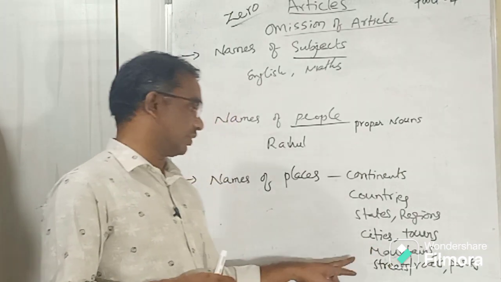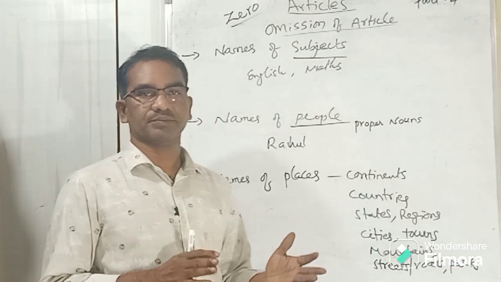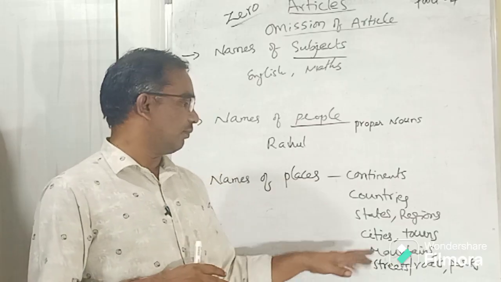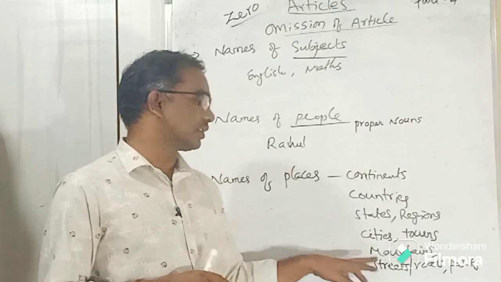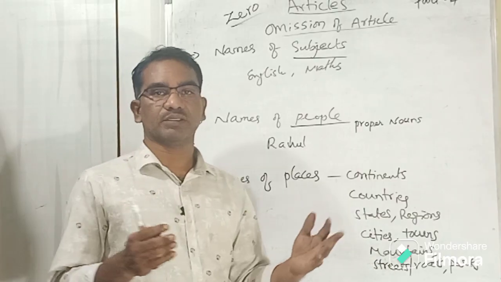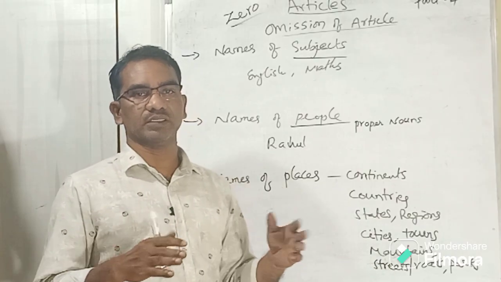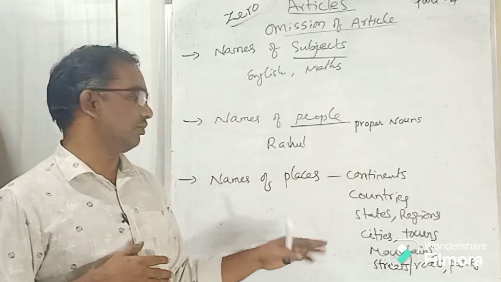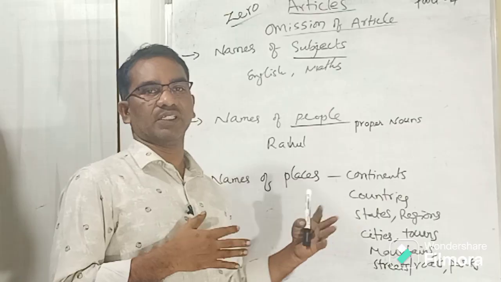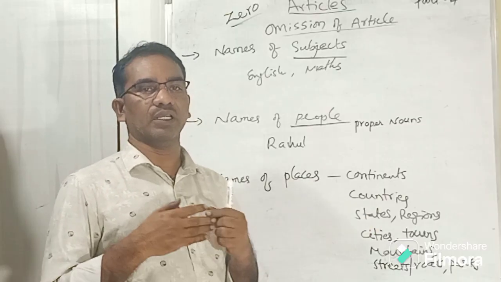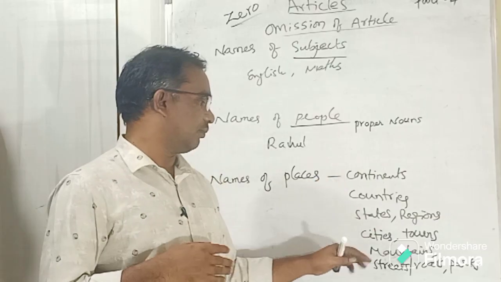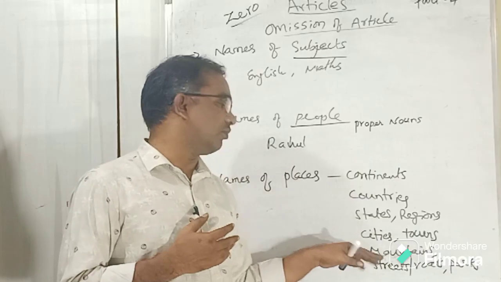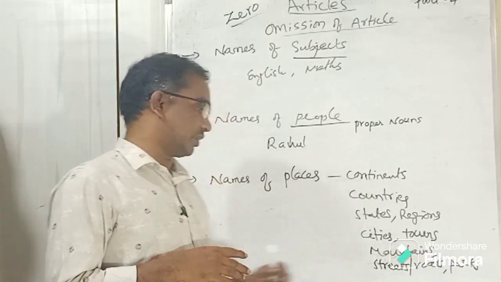Mountains: Mount Everest. But when you talk about mountain ranges, a group of mountains put together, then you can use the, for example, the Himalayas, because they are mountain ranges. But Everest is a single one, so no article is required.